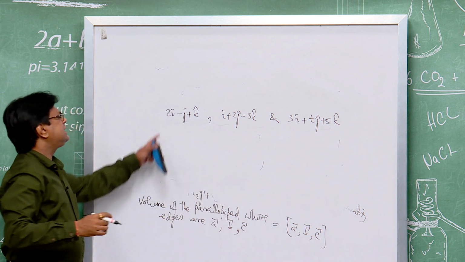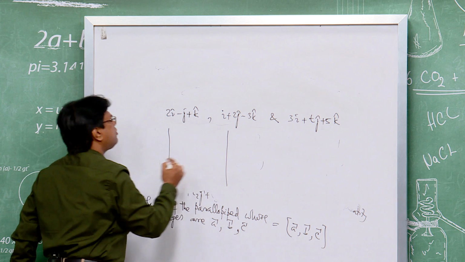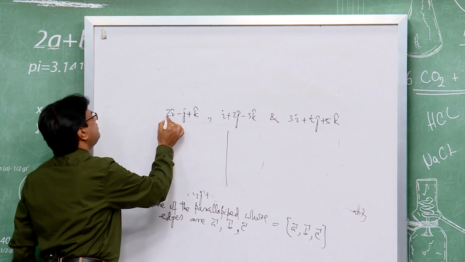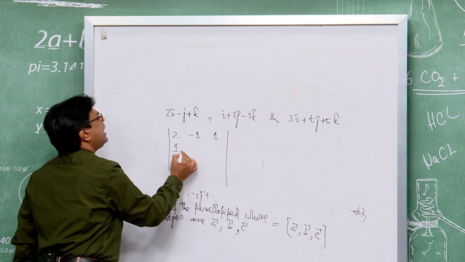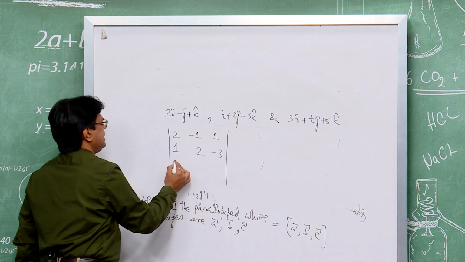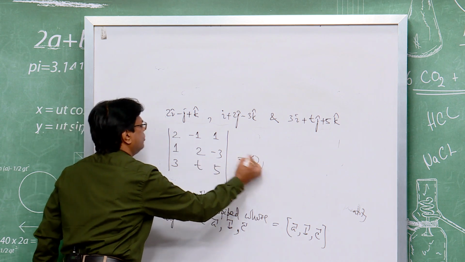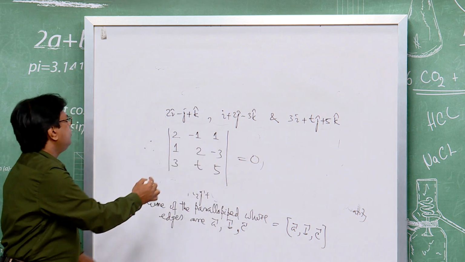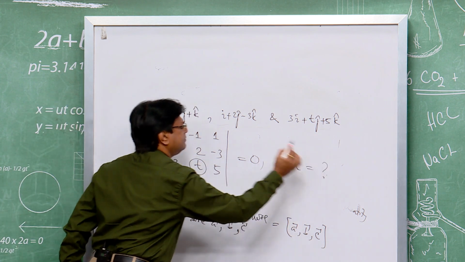If the three vectors are coplanar, then the determinant must be equal to 0. So you write only the components: 2, minus 1, 1; 1, 2, minus 3; 3, t, 5 is equal to 0. From this we find the value of t. You can easily find out the value of t.